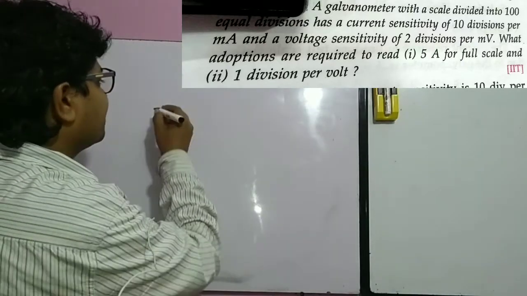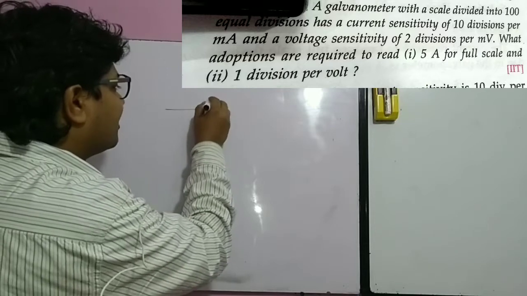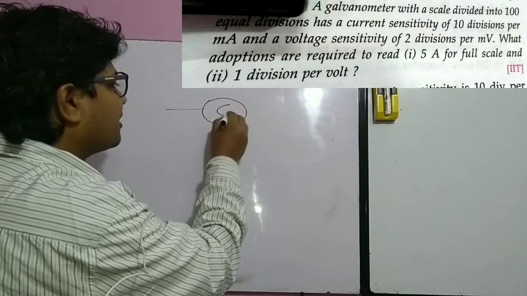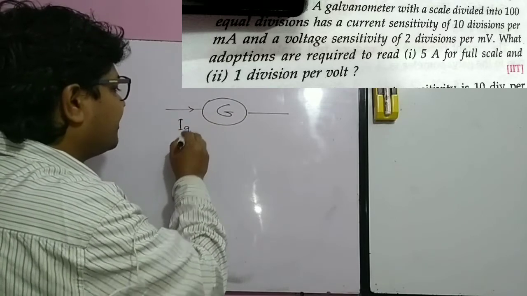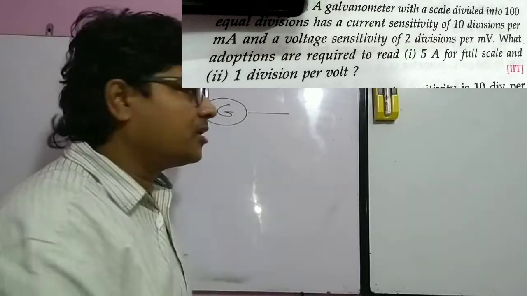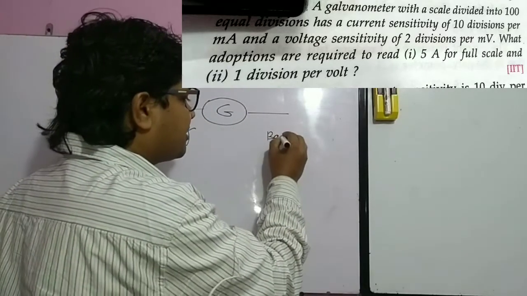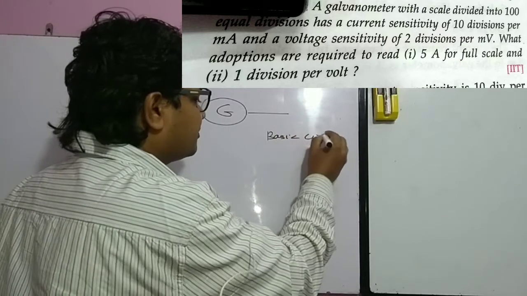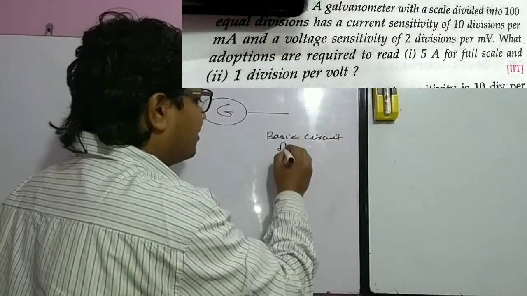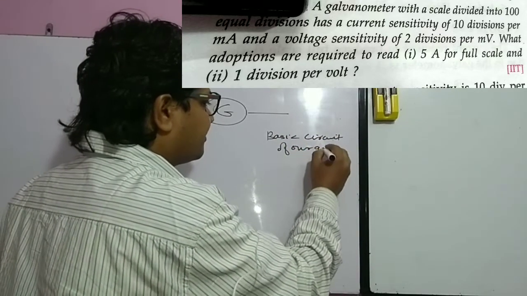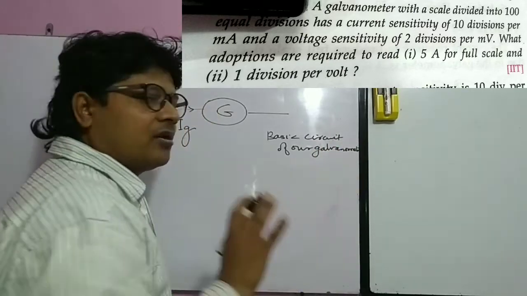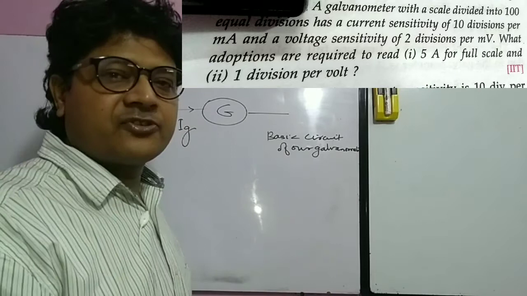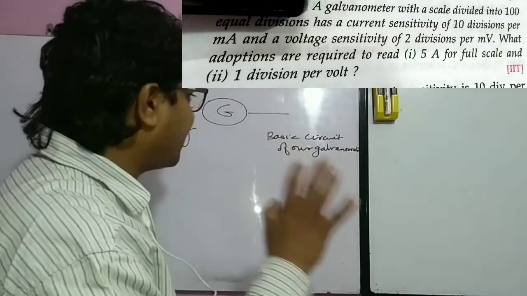So this is our question, but before that I would like to give you the clear picture. This is the galvanometer. This is the basic circuit of our galvanometer. Only KVL and KCL will be sufficient to help you out, so mind it.